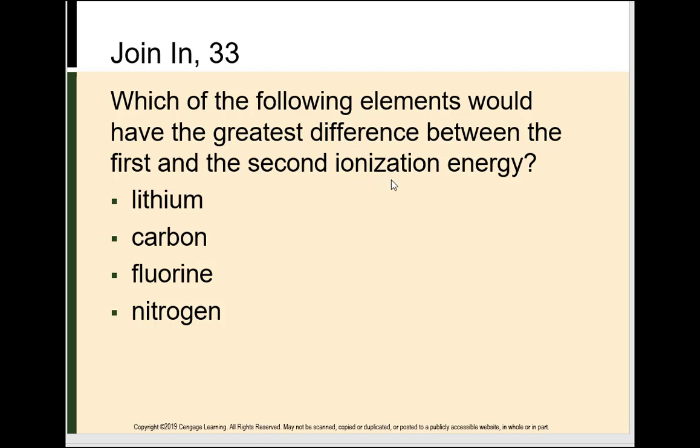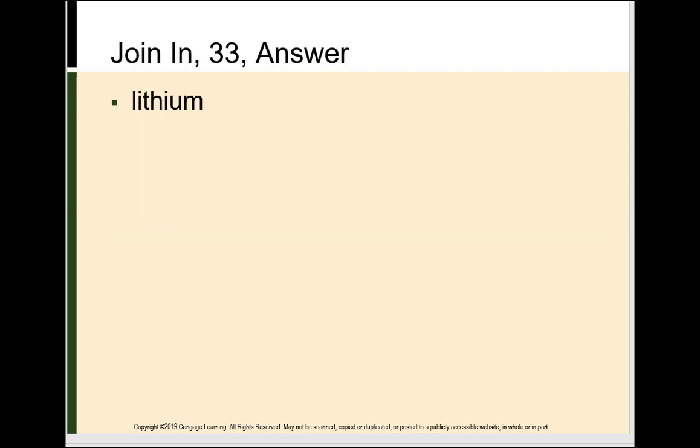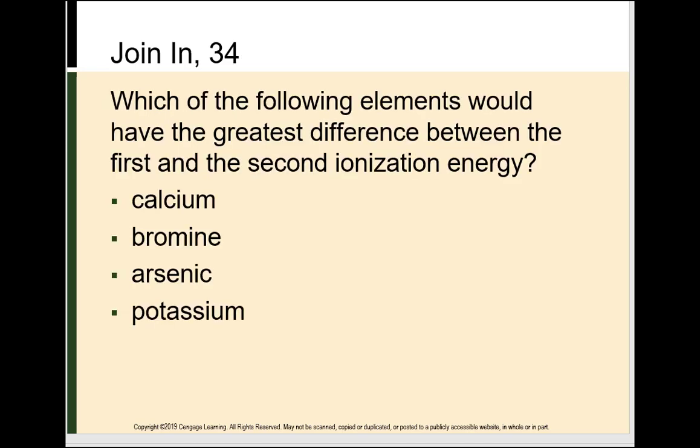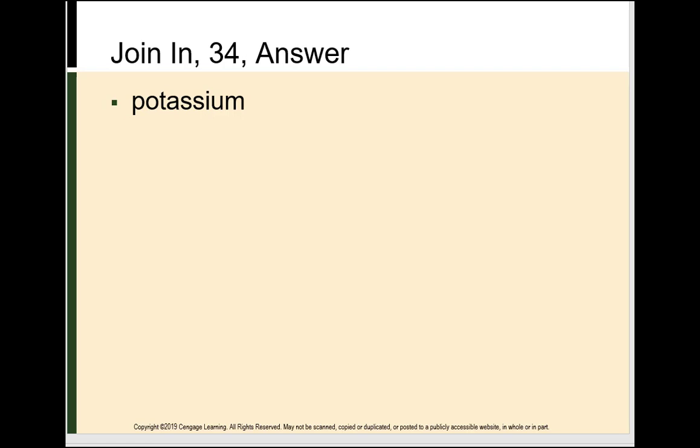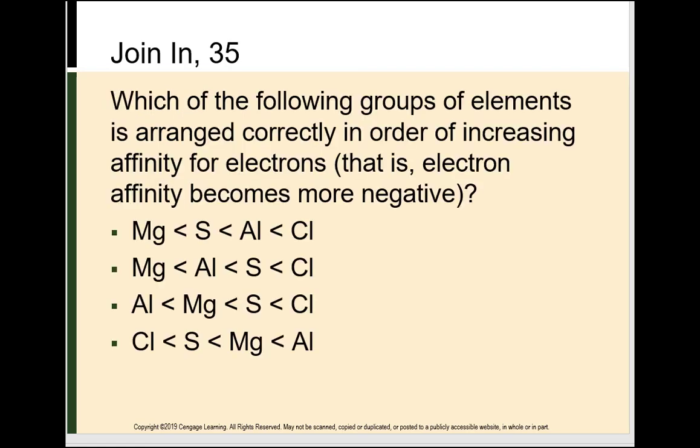Which one would have the greatest difference between the first and the second ionization energy? Definitely lithium, because it would be taking an electron away from neon. Neon is happy, it does not want that to happen. What about this one? Potassium, similar to the last one.